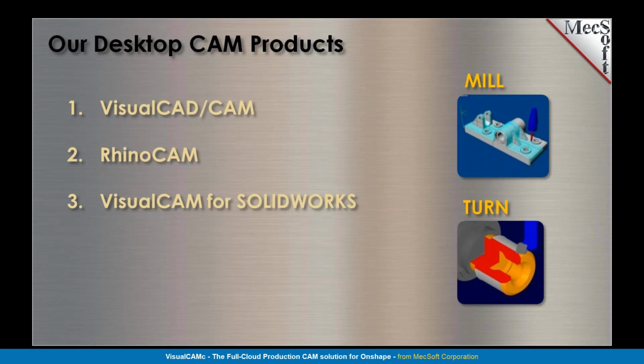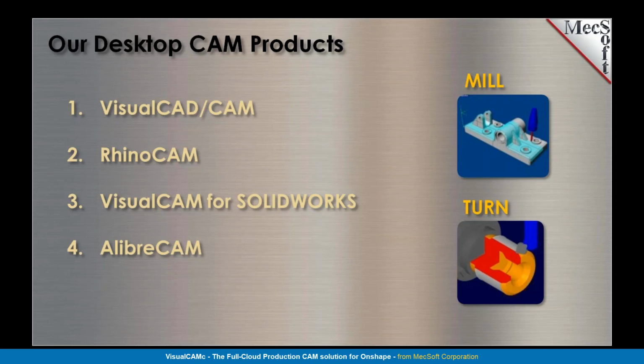It's a gold certified, fully integrated product. That's again the same CAM functionality, the mill and turn modules running inside of SolidWorks. And then finally we have the Alibre CAM product, which is something that we released recently that's running inside of the Alibre Design 3D modeler. So these are our desktop CAM products.